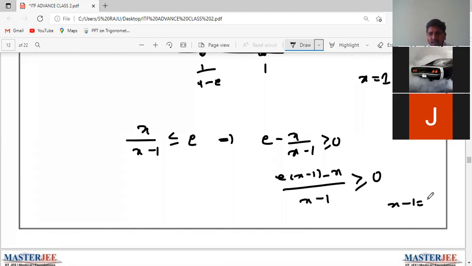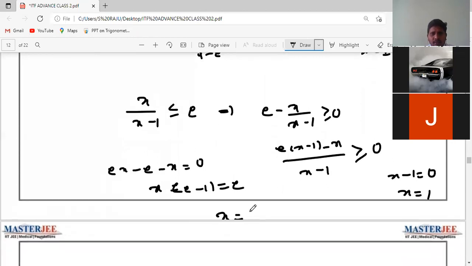If I equate the denominator to 0, x = 1. Numerator to 0: ex - e - x = 0. Take x common: x(e - 1) = e. So the x value is e/(e - 1).